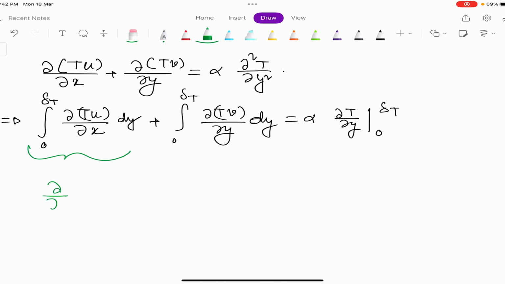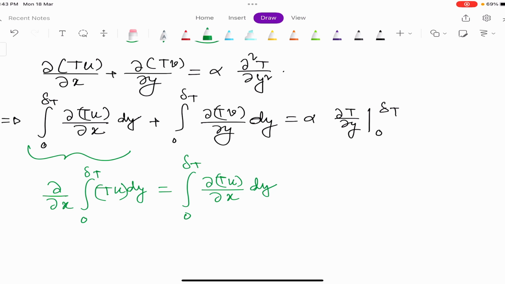So this will be ∂/∂x of the integral of Tu dy from 0 to delta t, equal to the integral of ∂(Tu)/∂x from 0 to delta t, plus the outgoing flux, that is dδt/dx times Tu at (δt, x), minus d of 0 times Tu at (0, x).